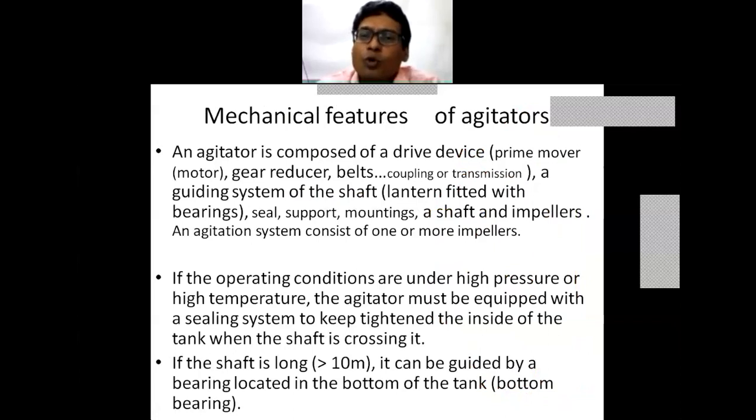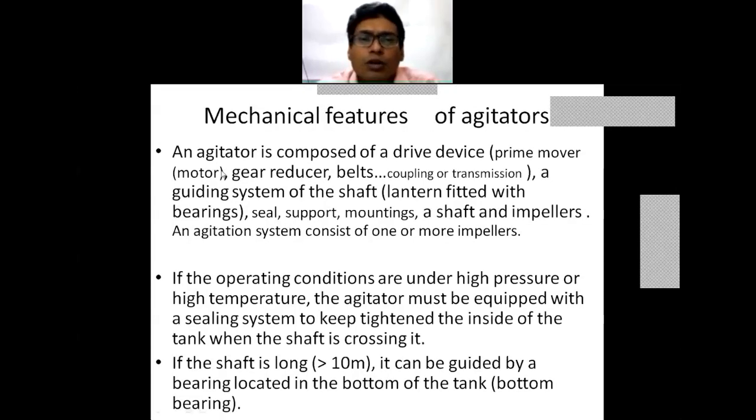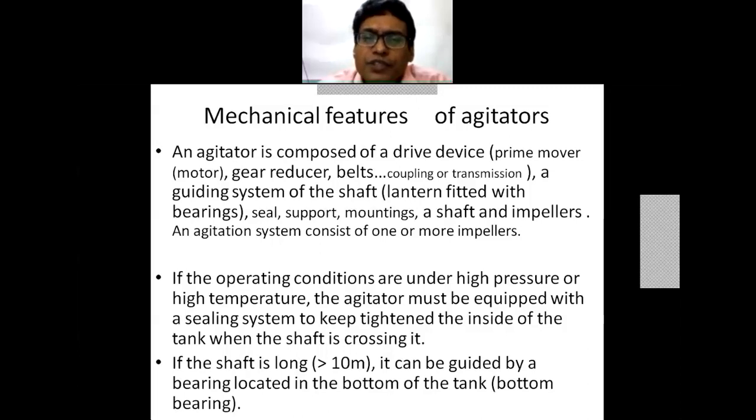An agitator is composed of a drive device, that is the prime mover, which is nothing but your motor, then a gear reducer or belts, coupling or transmissions, a guiding system of a shaft, then seal, support, as you have drawn in your drawing, the support and mountings, a shaft and an impeller.